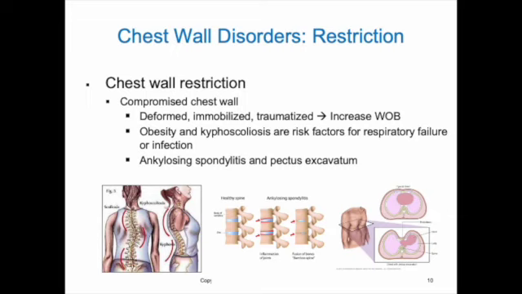These could cause impairments to the pulmonary function. Also, muscle weakness. If you have muscle weakness in this thoracic area, it can cause hypoventilation, hypercapnia, and you might have the inability to remove secretions, which at some point will also lead to hypoxemia as well.